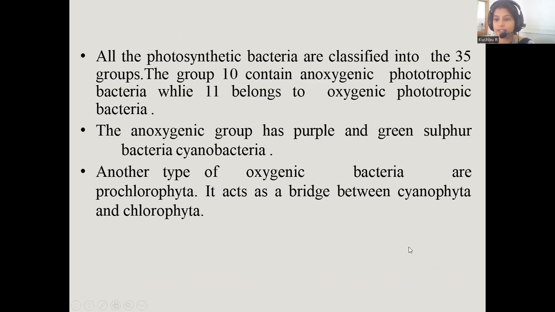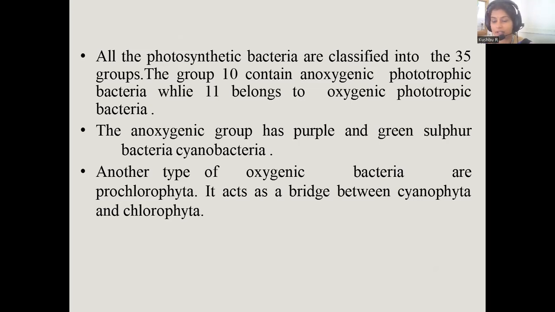Here, the photosynthetic bacteria are generally classified into 35 groups, among which group 10 involves anoxygenic photosynthetic bacteria and group 11 involves oxygenic photosynthetic bacteria. The best examples of anoxygenic photosynthetic bacteria would be green bacteria, purple bacteria and heliobacteria.